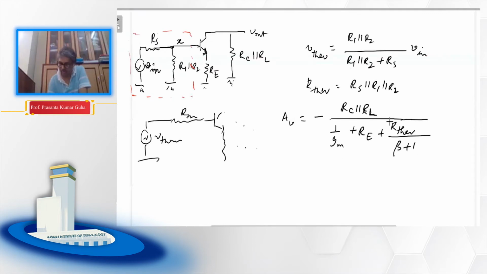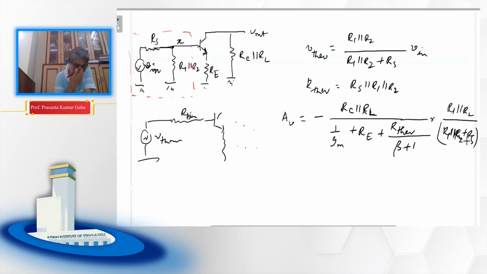This additional term you get because of the presence of R Thevenin; in our earlier discussion it was RB. Along with this there will be an additional term, R1 parallel R2 divided by R1 parallel R2 plus RS, because of that voltage divider.